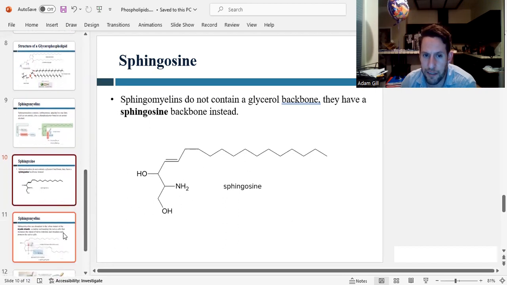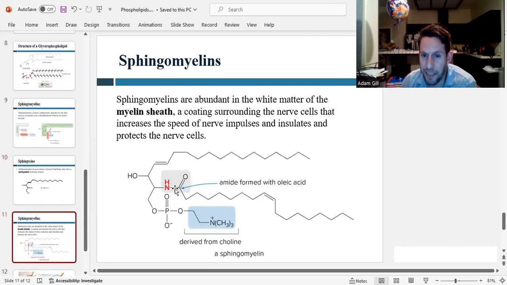And so we connect a fatty acid to the nitrogen here as an amide with the fatty acid. And then on the third alcohol, we connect the phosphodiester with one of those amino alcohols. And so this is the general structure of a sphingomyelin. Now, why do we care about these? These are really important in your brain. So these are what form the white matter of the myelin sheath, which is the coating around your nerve cells in your brain.